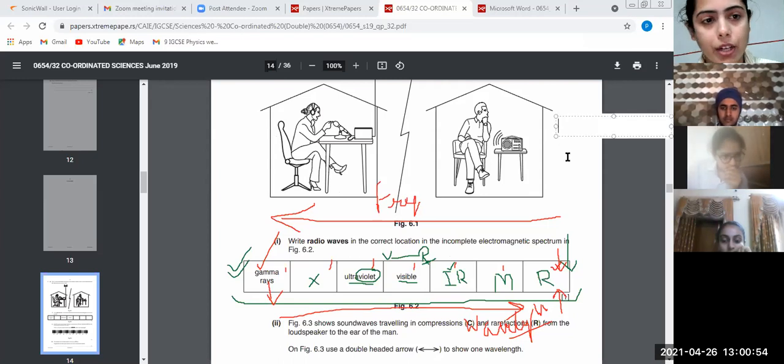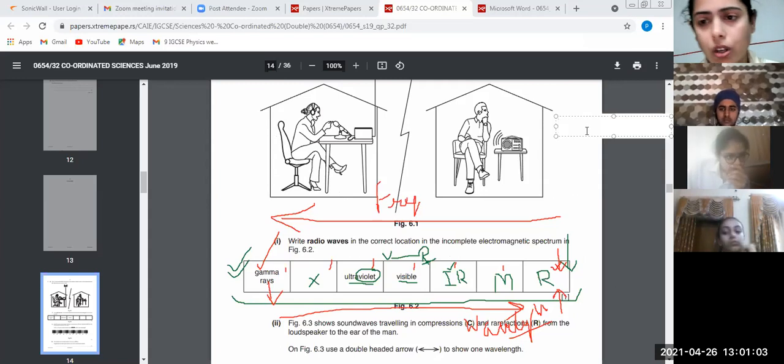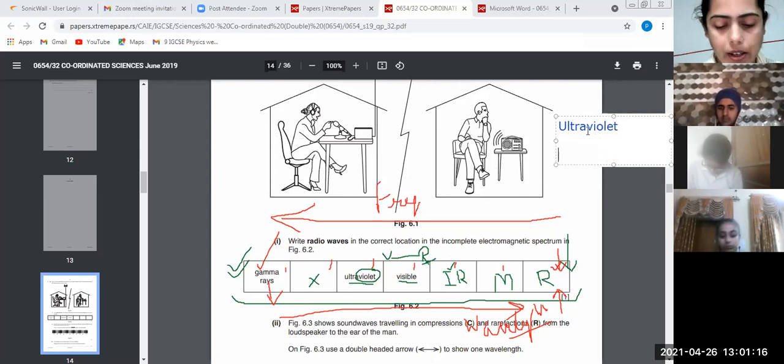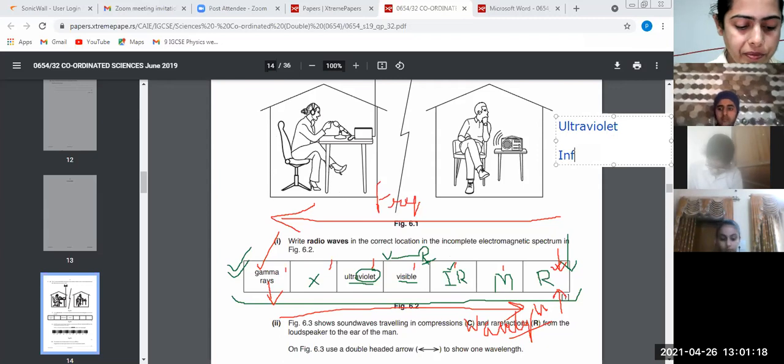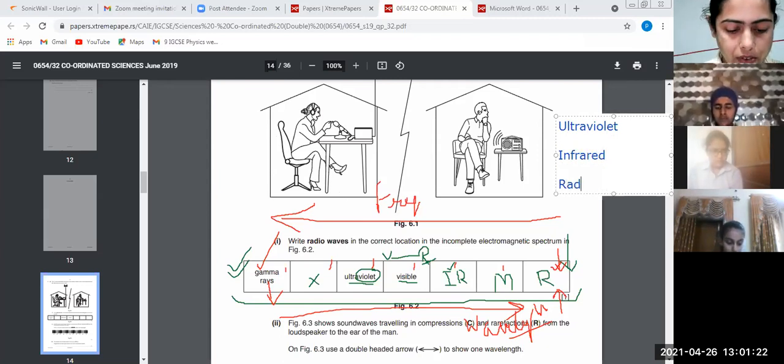Let's say they provide you with 3 different columns. First is ultraviolet. Next one is infrared. Next one is radio waves.